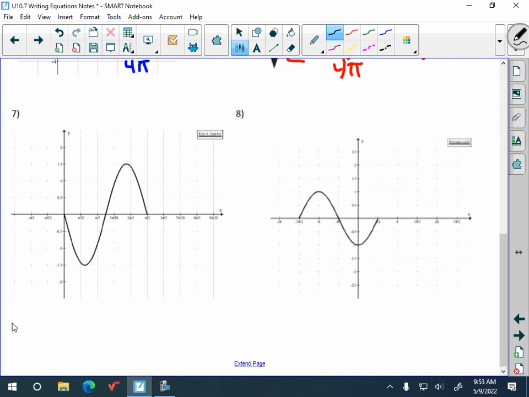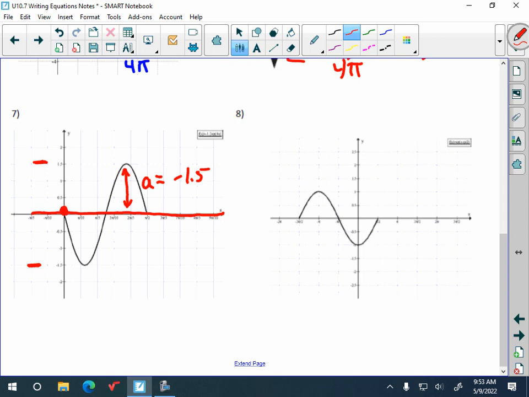All right, 7. Our highest is 1.5. Our lowest is -1.5. So that means our midline is right at 0 again. So our a value is going to be -1.5. It's a reflected sine graph.